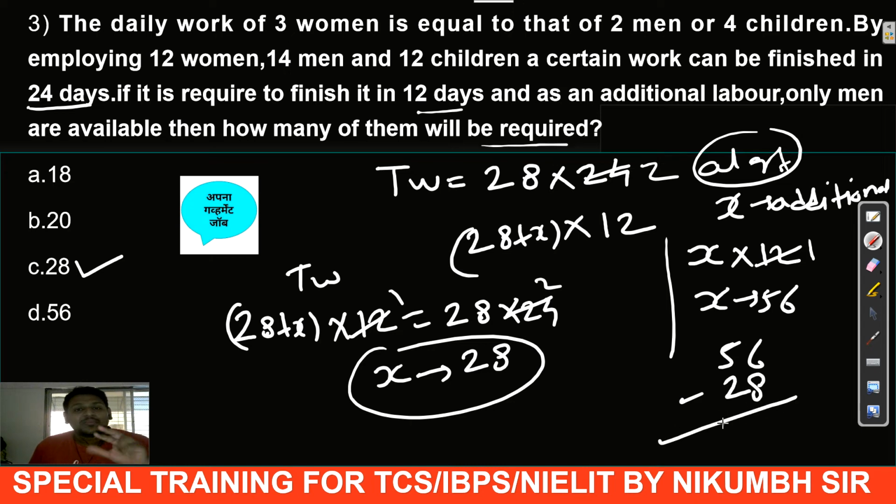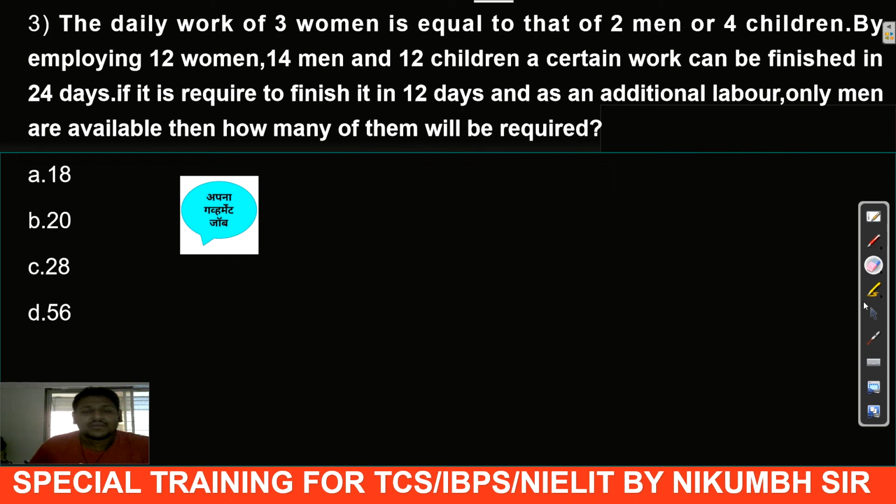So now how many additional men are there? 28 men. That's why your answer is C. If you are using this, then just be alert, because 56 is also in the options, and you will get negative marking for a very easy question. So in this question it is very important to stay alert, right? Easy question again. I hope everyone got the answer.